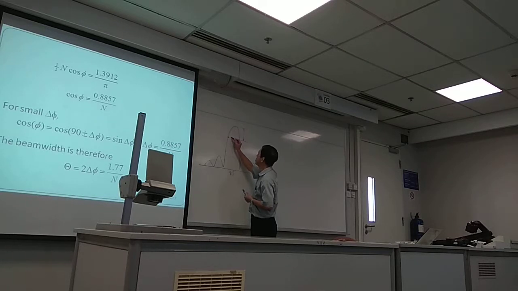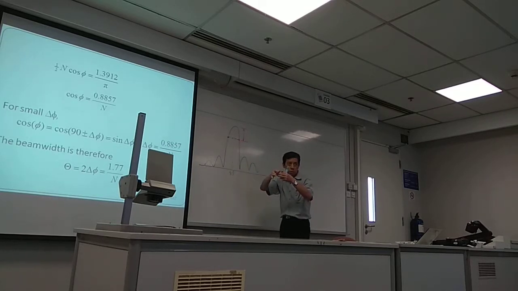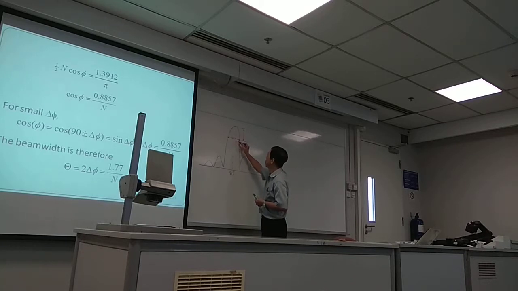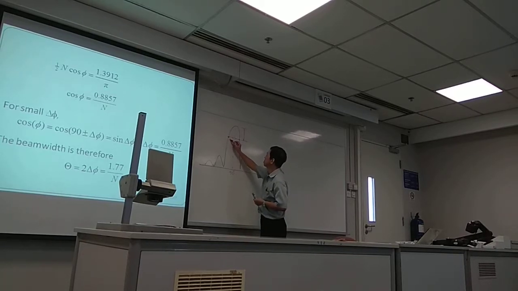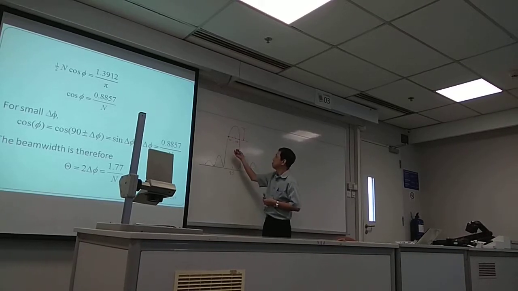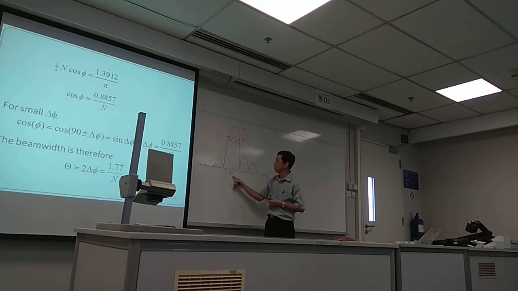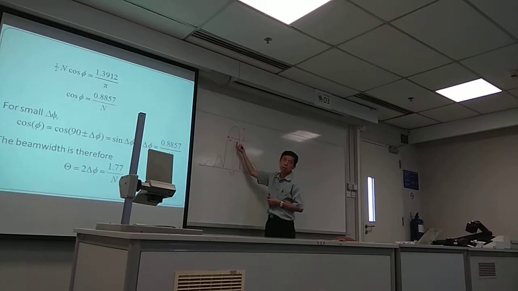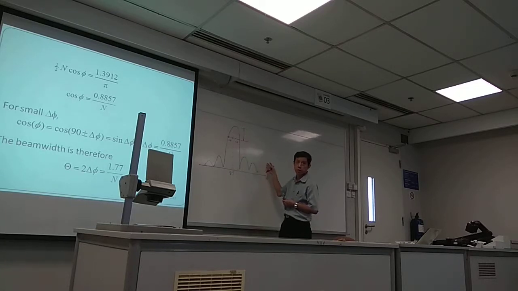Now since the array is a symmetrical structure, the distance from the broadside to the 3 dB point, either on the left or on the right of the broadside, should be the same, symmetrical. Alright, so the beam pattern is a symmetrical pattern.